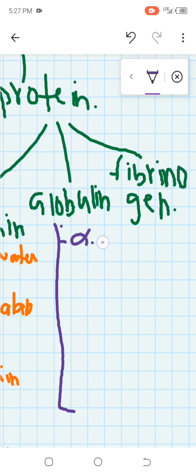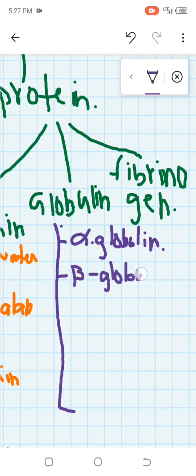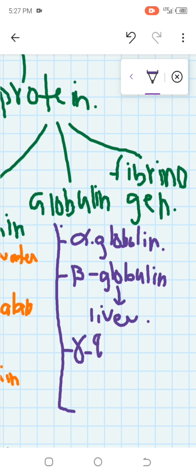Alpha globulin and beta globulin are both formed in the liver. And if we talk about gamma globulin, it is formed in plasma cells.